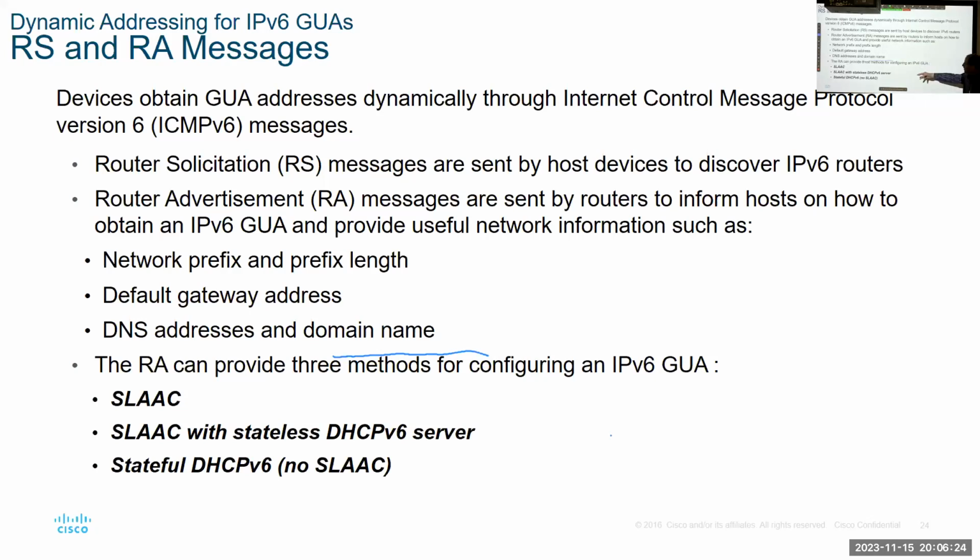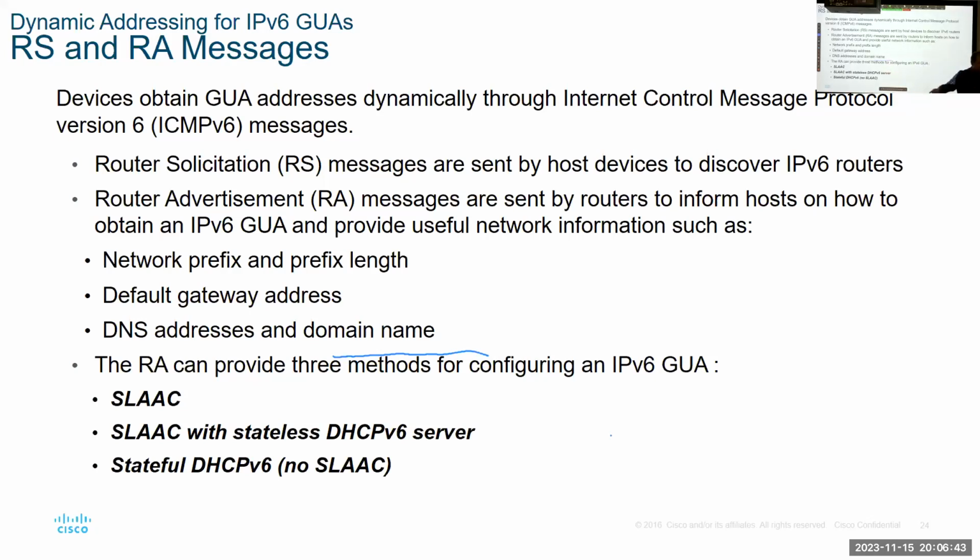And then finally, the last way is just like IPv4 DHCP. The host sends out, instead of a broadcast, an all DHCP servers solicitation message. It's a multicast.